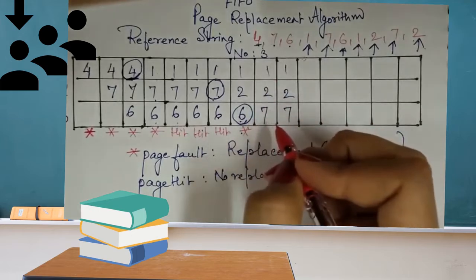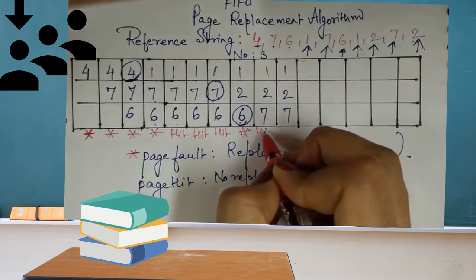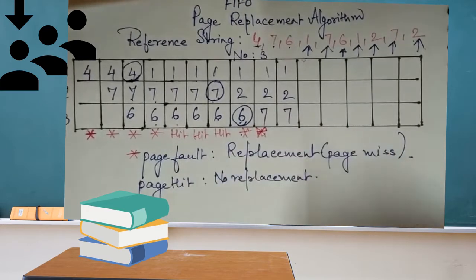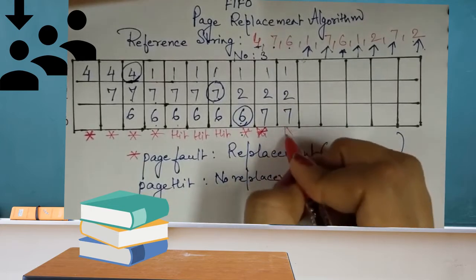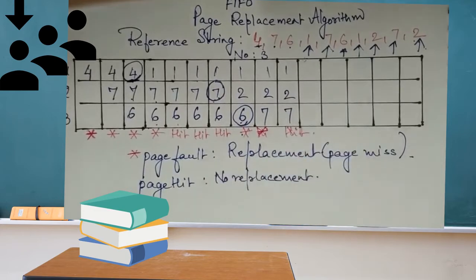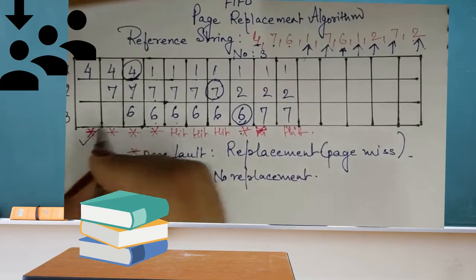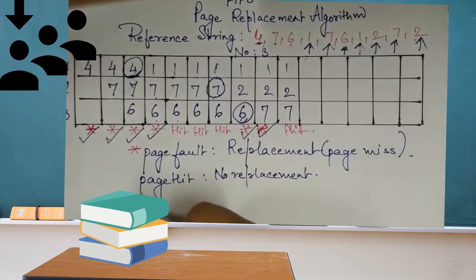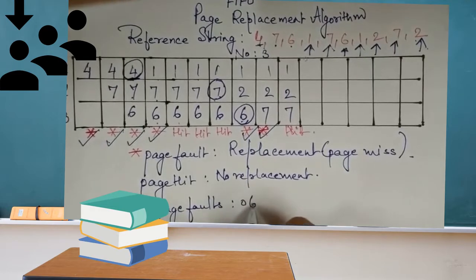We have again made a replacement, so this is a miss, and this is a page hit. Count the number of page faults that we have: 1, 2, 3, 4, 5 and 6. So the number of page faults is 6.